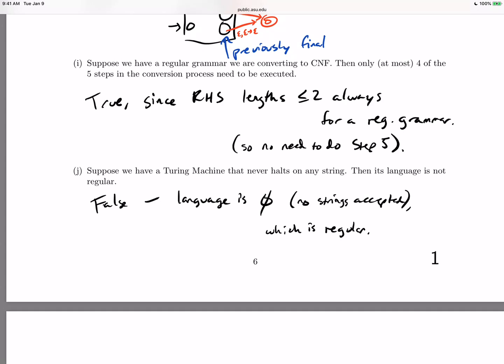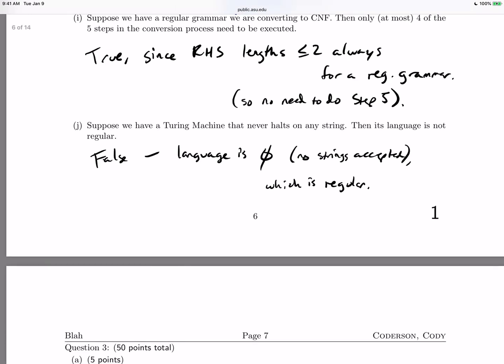And J, I think only 1 or 2 people got. So this is probably the most concerning one of the entire test. Consider a Turing machine that never halts on a string. Let me ask you this. What is its language? If it never accepts anything, what is its language?